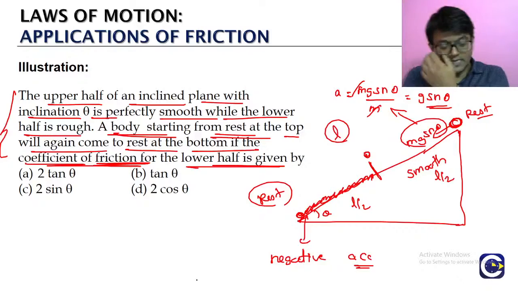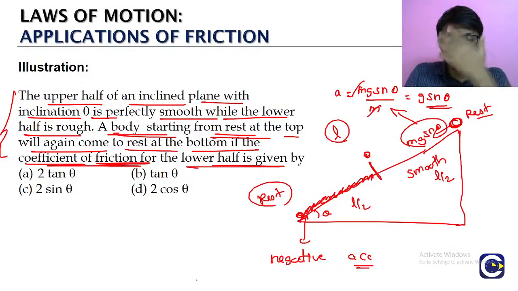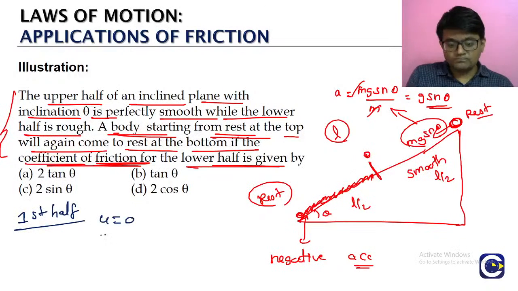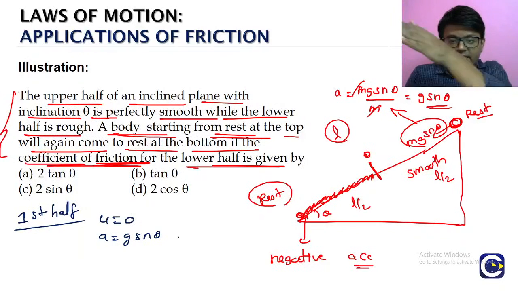Here, like the way we do in kinematics problems, we have to divide the journey into first half and second half. For the first half, initial velocity is 0, acceleration g sin theta. We will take the down-the-plane direction as positive, so it is g sin theta.